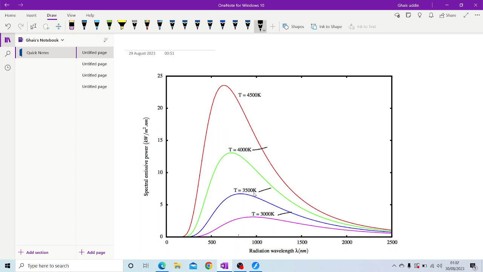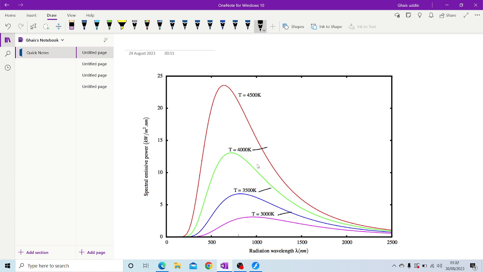So black body radiation only depends on the temperature of the body. It is not dependent on the structure of the body, the shape of the body, or any chemical composition of the body. It only depends on the temperature of the body. So we get a spectrum like this when we heat the black body at different temperatures.